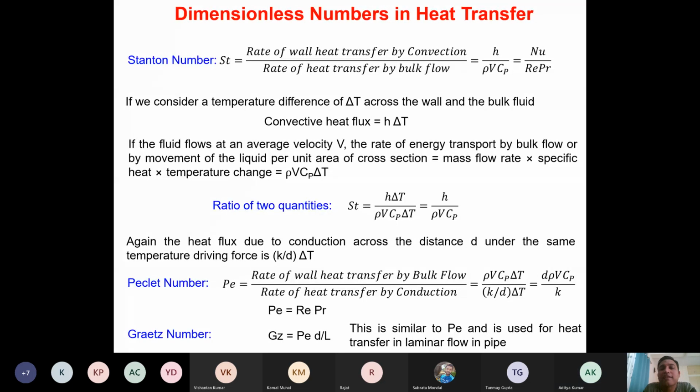See, most of these correlations are given in terms of the Nusselt number, Reynolds number and Prandtl number. The Stanton number is one more additional number, which accounts for all three numbers, isn't it? Stanton number or even Peclet number is a combination of the other numbers.